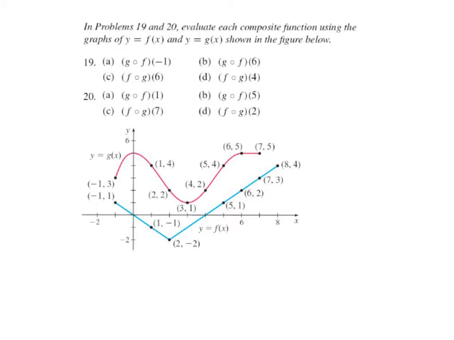All right, so f of -1. f is the blue one, gotta remember that. -1 is 1, so g of 1 is 4.